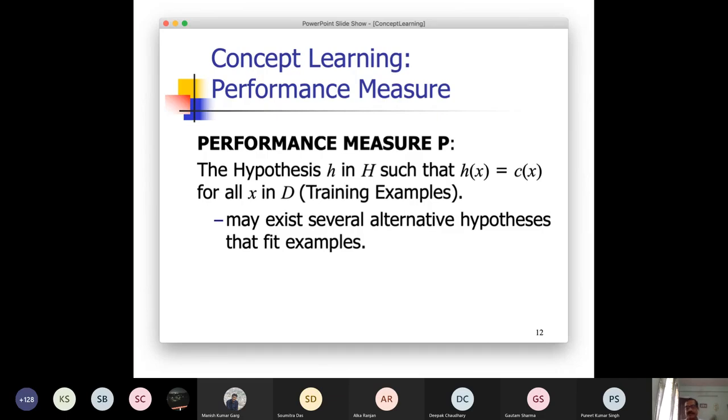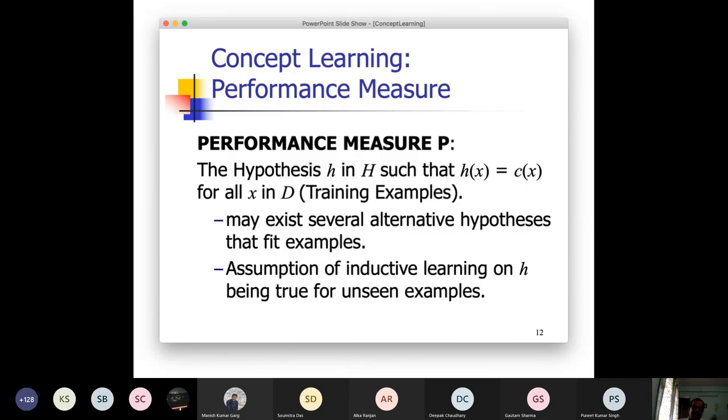That means there could be hypotheses which are more general than another hypothesis, and both are satisfying all the training examples. One of them could be more general, another more specific. We may choose the more specific one. Anyway, it depends upon you. Sometimes when you say more general, there are certain connotations with that. We will discuss that part also.